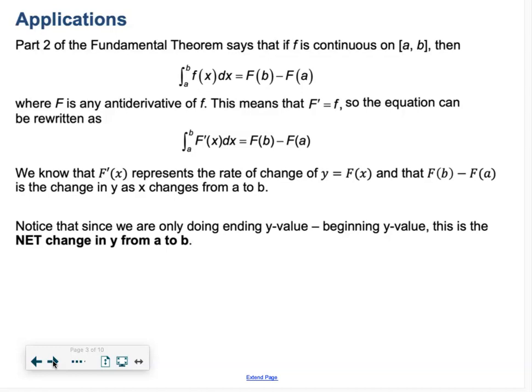The definite integral of the rate of change is the ending amount minus the beginning amount, and therefore it's the net change in the amount of whatever f represents. And that's what we're going to get into a lot over the next 2 days: knowing that a definite integral represents net change.